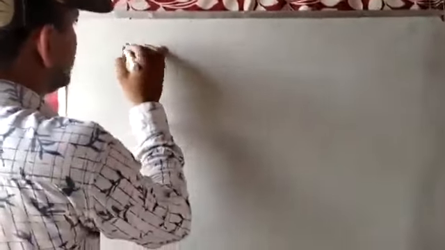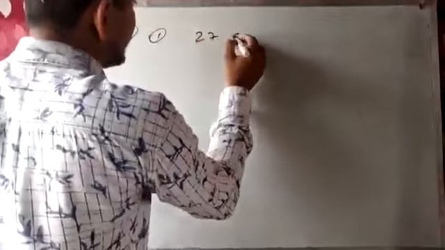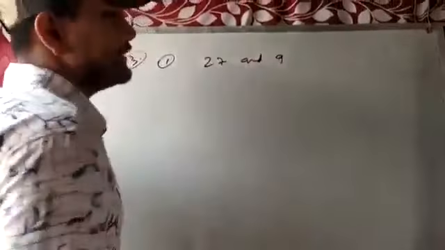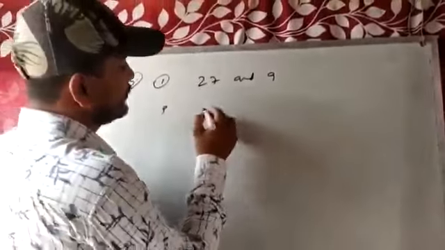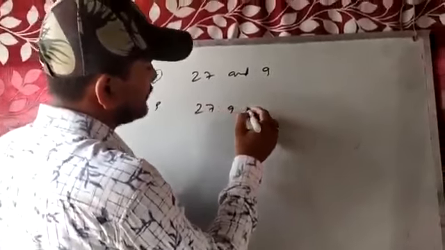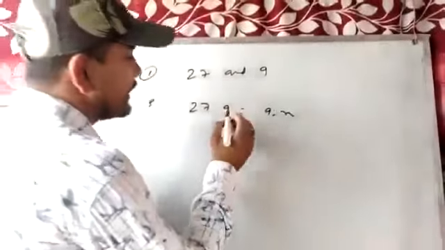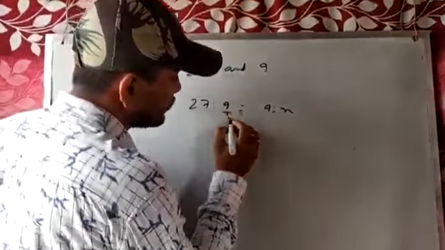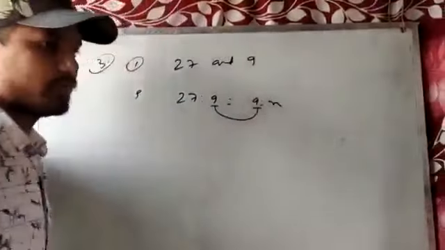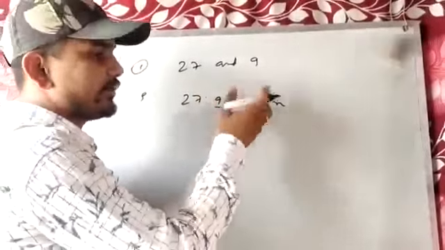Question number 3. Now you have to find the third proportion. Two terms are given, 27 and 9. Then what I'll do here is write 27 is to 9 is to 9 is to x. Same: if the second term is given, you have to copy it as the third term. The second term is 9, so I'll write the third term also 9.